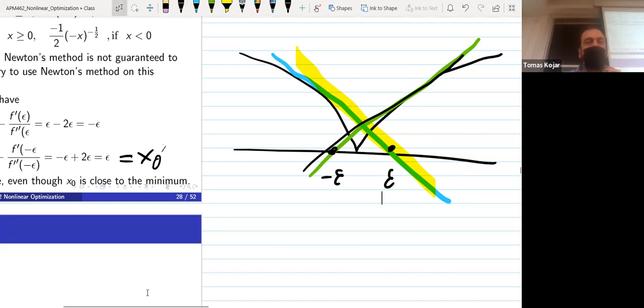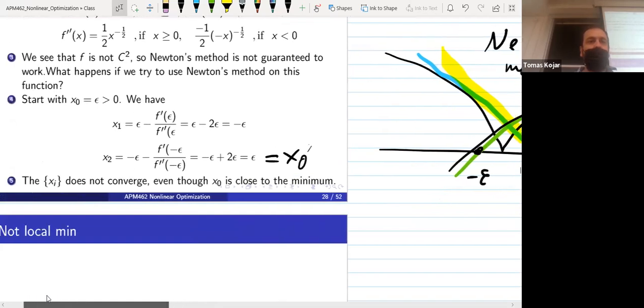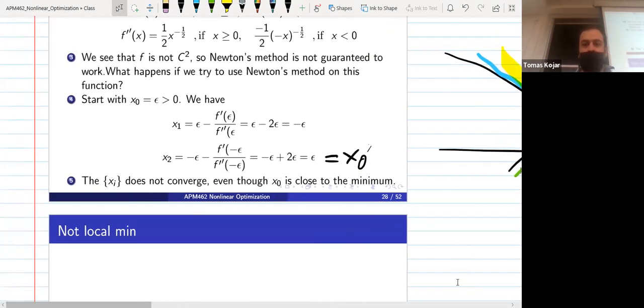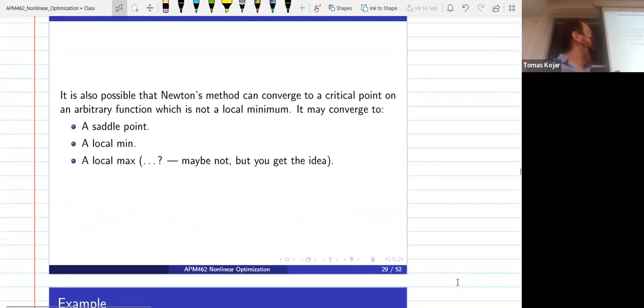All right, so Newton's method failed, right? Because f double prime was not bounded. And another problem you will have is you might have Newton's method applying, but it doesn't go to a local min.